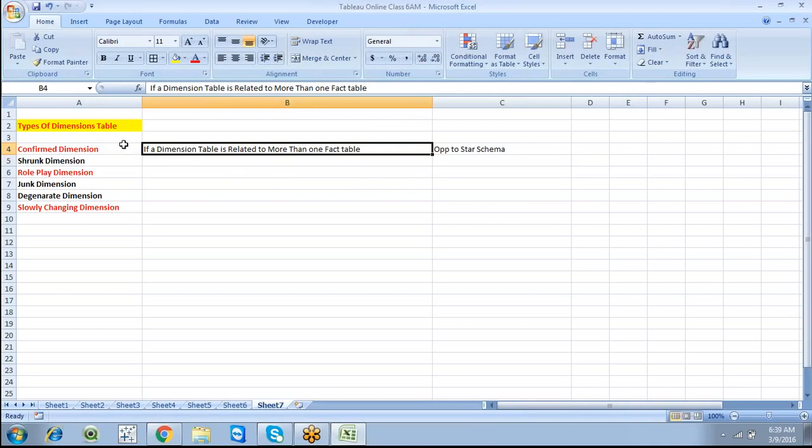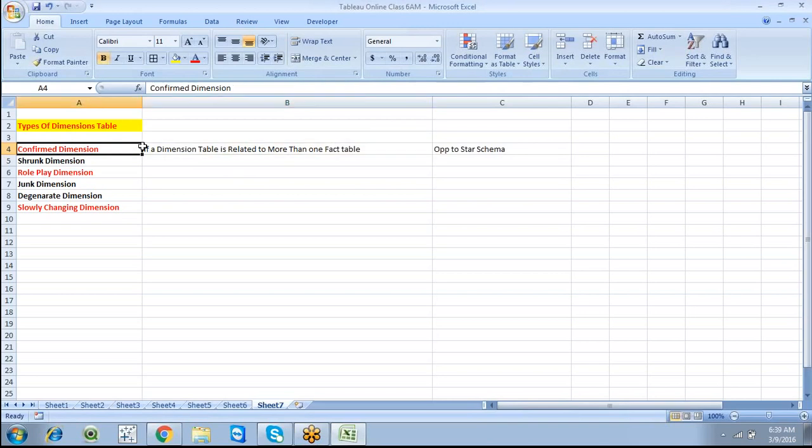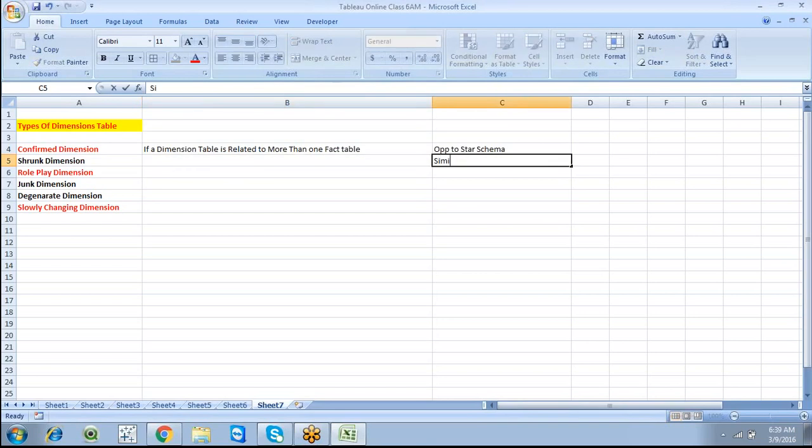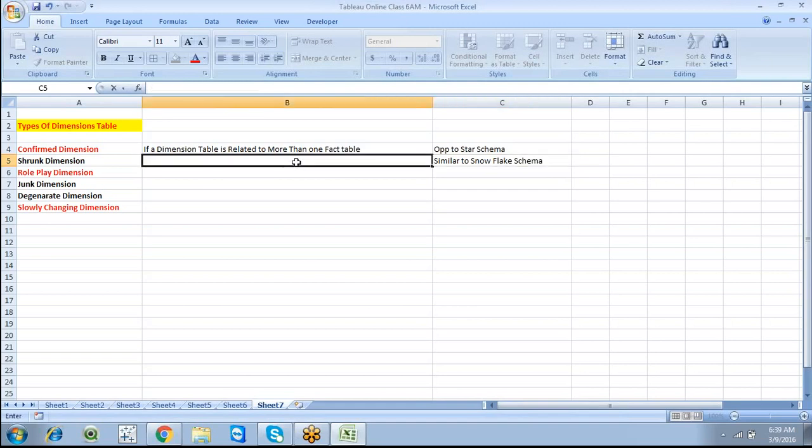But you can go for a simple definition. What is meant by conformed dimension? We can answer: if a dimension table is related to more than one single fact table, that is called a conformed dimension. What is meant by shrunken dimension? A shrunken dimension is similar to snowflake schema.